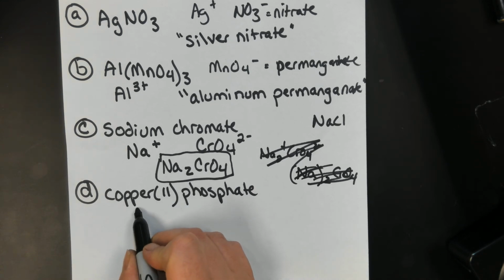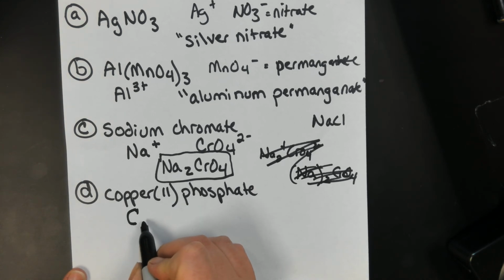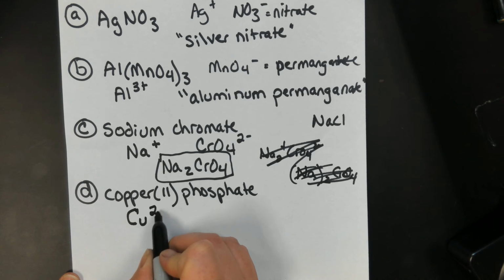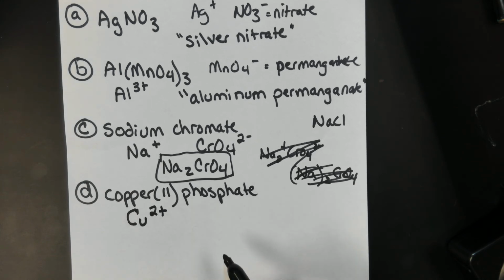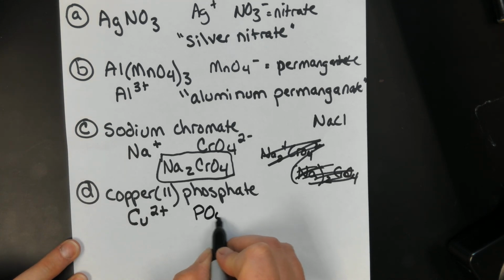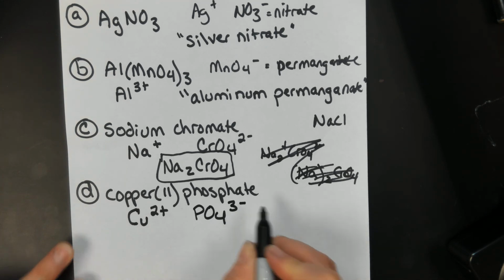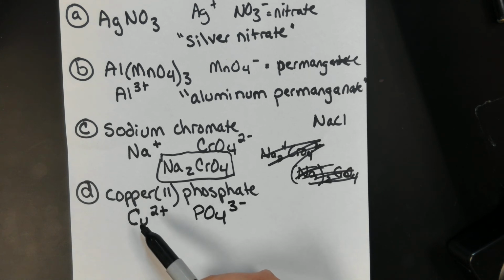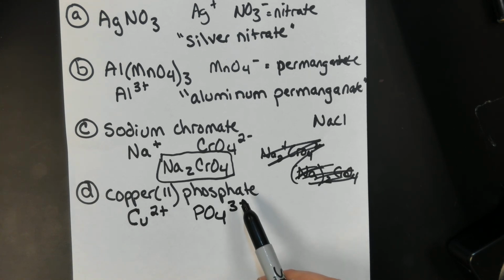That is literally telling me that it is Cu2+. That's a given. Phosphate is one that we had to memorize. It's on the list. So I know that it's PO4 3-. So we have Cu2+ and PO4 3-.